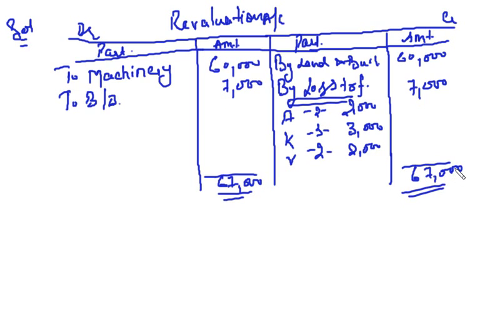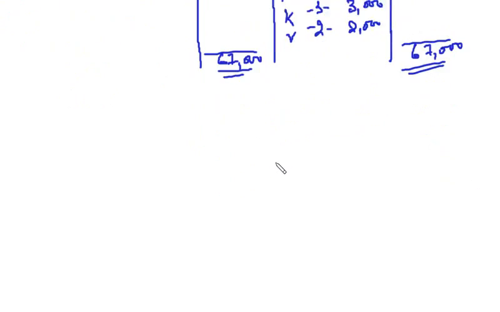Clear, friends? The bad debts point is clear. This is one important point in this. Okay. So this is our revaluation and we have got the loss on revaluation. Clear? Now the next step is preparing the capital accounts and finding out the balance that is payable to the retiring partner.